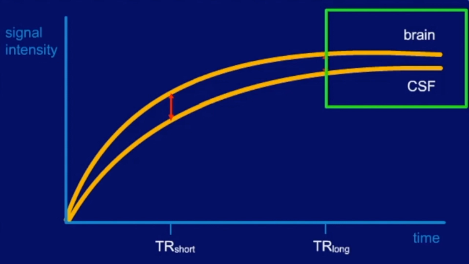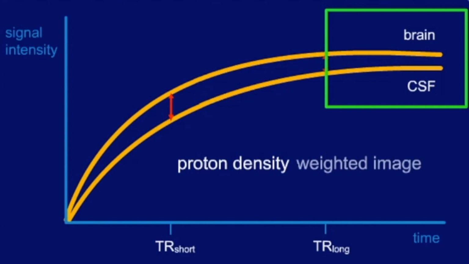However, there may still be a possible difference in the proton density of the tissues in question. And when we wait a very long time, TR, in our experiment, the difference in signal is mainly due to different proton densities. We have a so-called proton density or spin density weighted image.